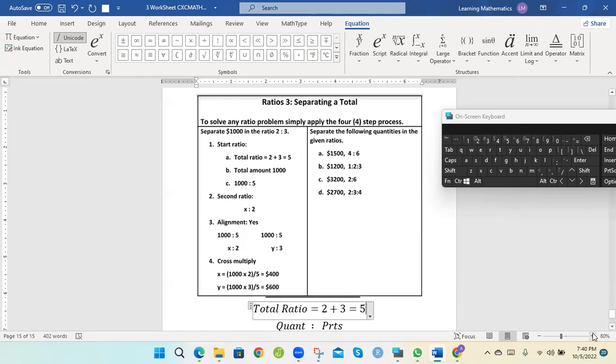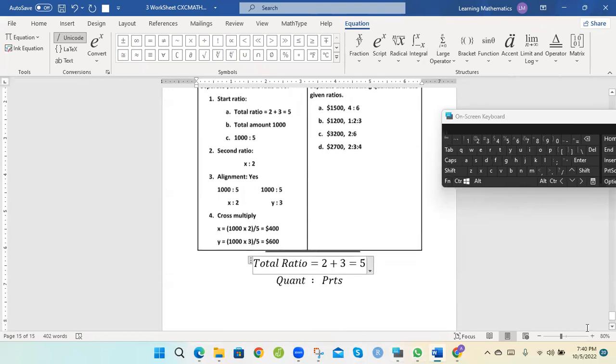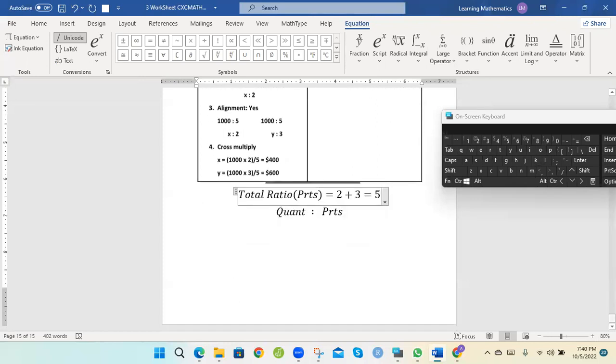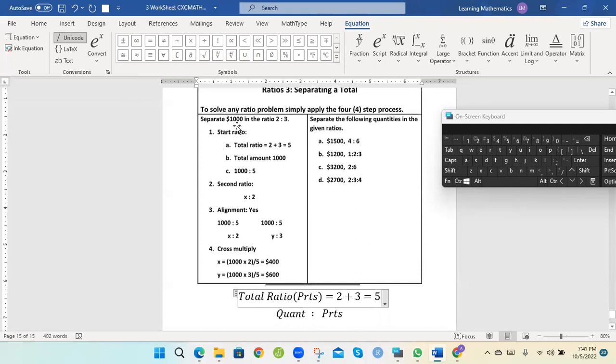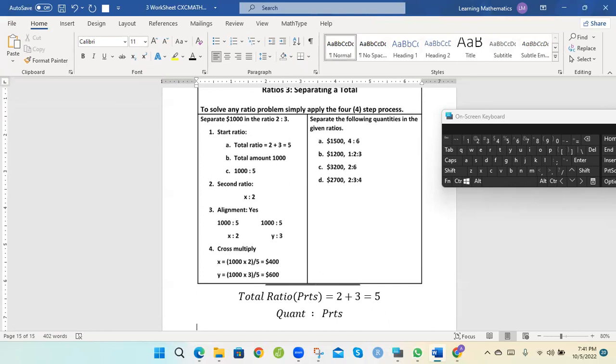So that's the total ratio, or total parts. Here we can replace the word ratio with parts. So now we have the total quantity, which is 1,000, and the total parts. We can make a ratio with that, because the next ratio must have 2 numbers.